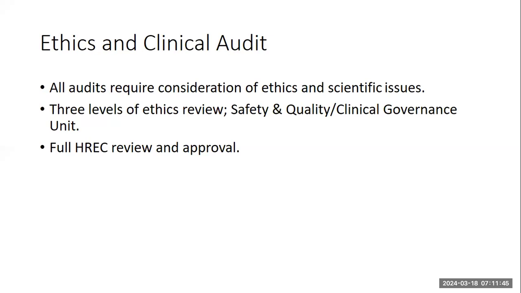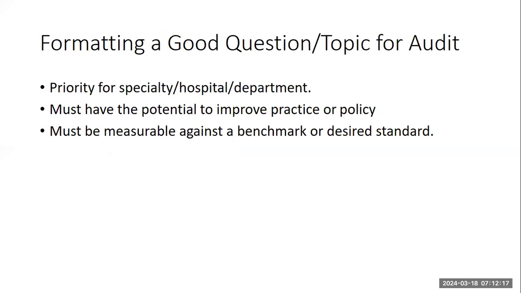Although some may say that if the audit is for internal consumption, there may be no need for an ethical committee. However, we may not know what will happen at the end of the process. We may like to publish the data either locally or internationally. So it is recommended, before any clinical audit at the preparatory level, after identifying the process and before data collection, that a full proposal should be sent to the health ethical committee.